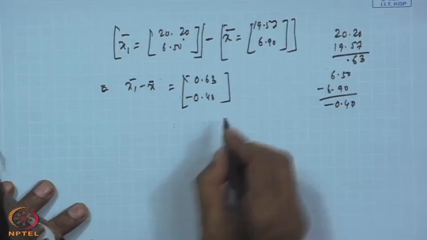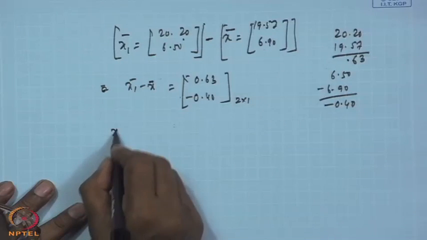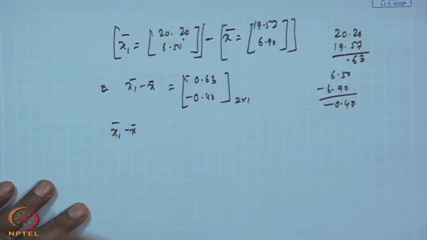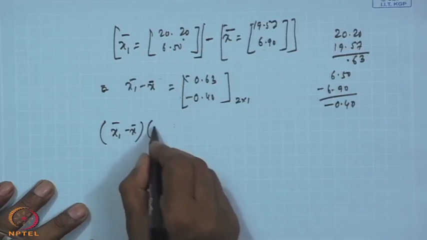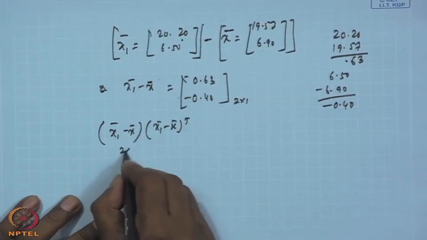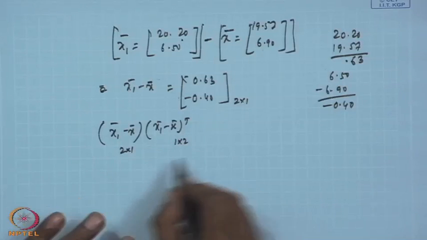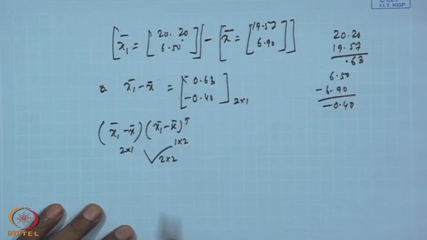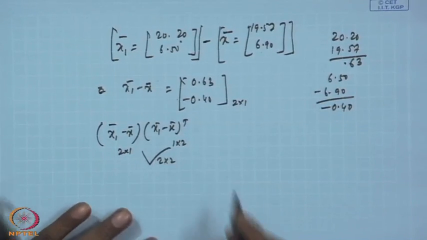So, what do you require? You require to calculate (x1 bar minus x bar) into (x1 bar minus x bar) transpose. This is 2 cross 1, this is 1 cross 2, so your resultant matrix will be 2 cross 2, and that is what we want.